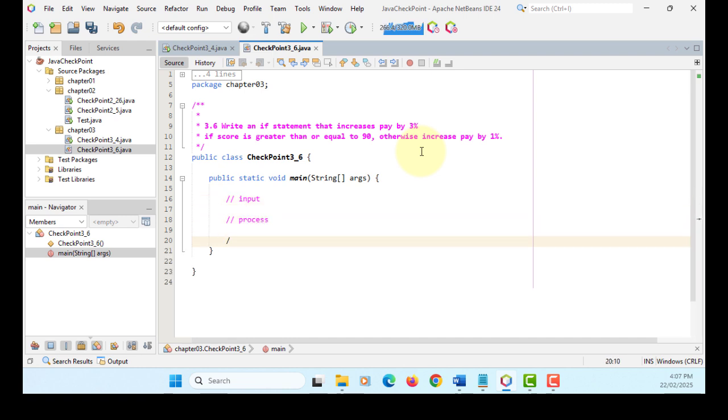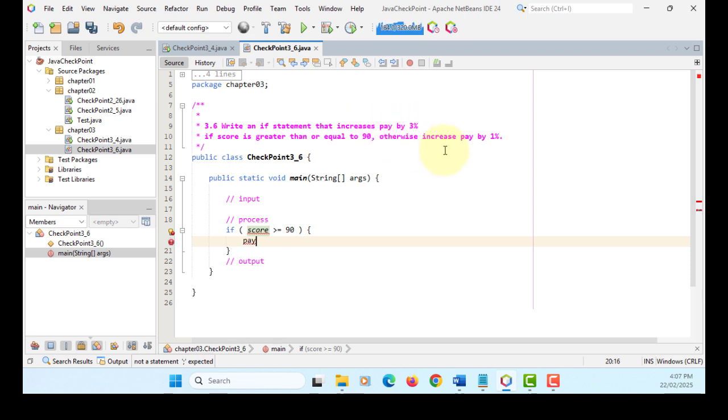process, output. Okay. So if you look at here, the statement: increase pay by 3%. So the condition here is: if score greater than or equal to 90, then we increase pay by 3%.